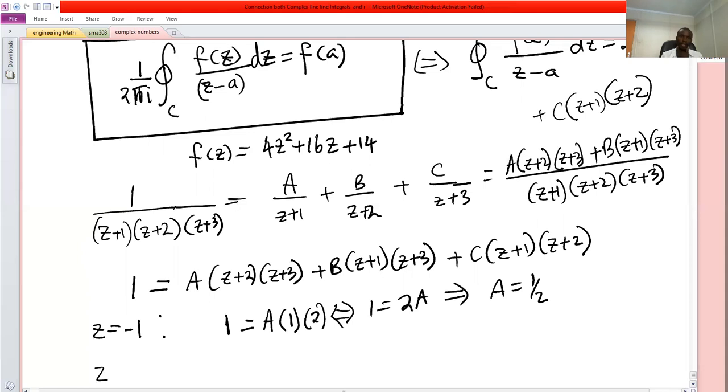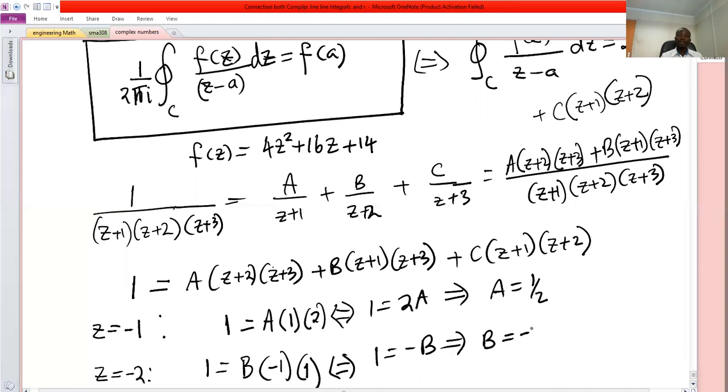And when I set z to minus 2, this term will be 0 and this term will be 0, so I'll have 1 equals b into (minus 2 plus 1 is minus 1)(minus 2 plus 3 is positive 1). So this means that 1 equals minus b, so b equals negative 1.